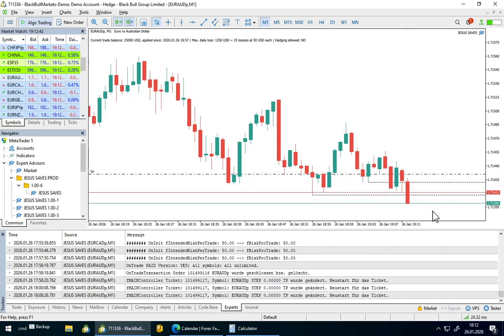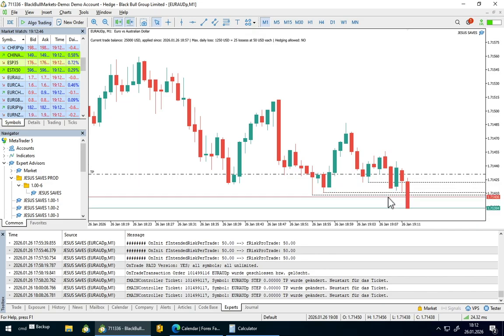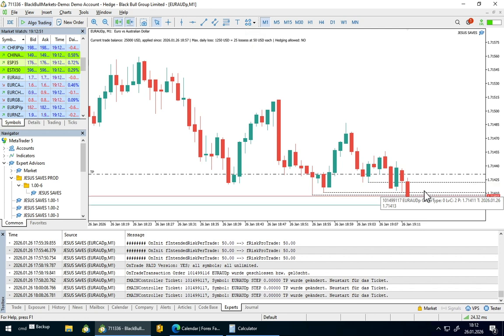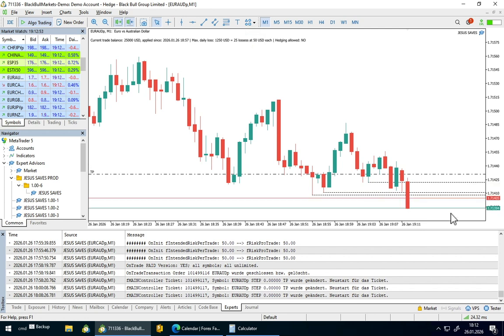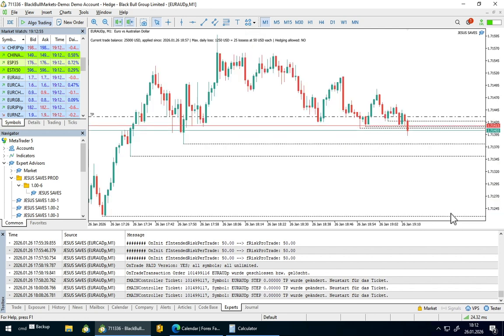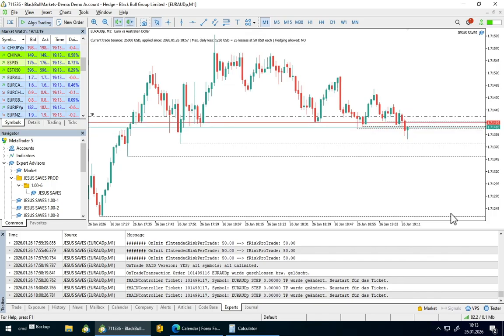Now the price has crossed two more levels, this one and that one, so 3 levels. And the first valley we have to wait for. It takes time. We wait. That's a good thing. You don't need to be very precise, because the expert advisor is doing the precise pip work.